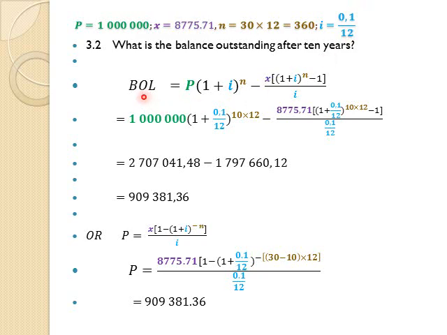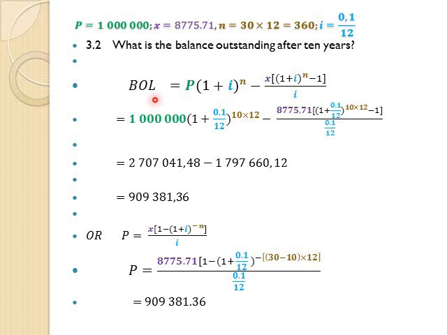So my balance outstanding on the loan equals P times (1 plus I) to the power n, minus X times ((1 plus I) to the power n minus 1) over I. P being 1 million, (1 plus 0.1 over 12) for 10 years compounded monthly, 10 times 12, minus X, which is 8775.71, times ((1 plus my interest, which is 0.1 over 12) to the power 10 times 12, minus 1) over 0.1 over 12.